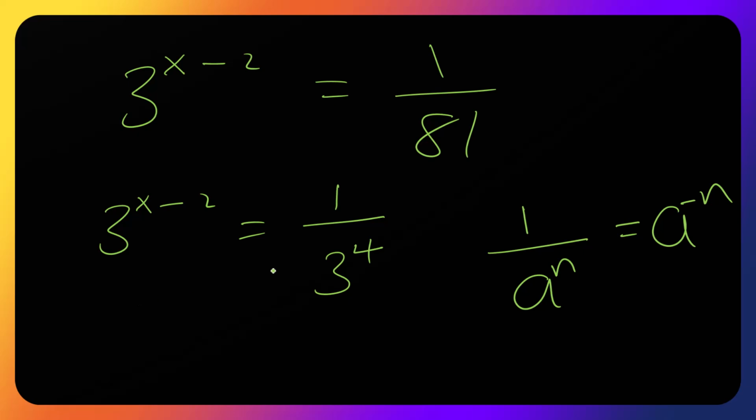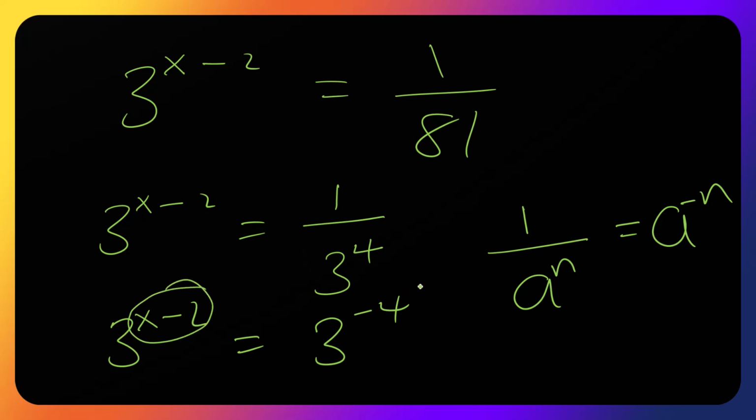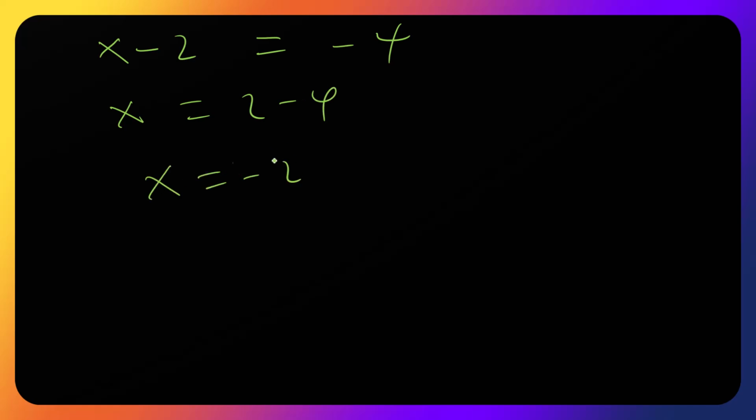Don't forget that. With this, I can say 3 to the power of x minus 2 equals 3 to the power of minus 4. So x minus 2 equals minus 4. Therefore, x equals 2 minus 4, then x is minus 2. As simple as that.